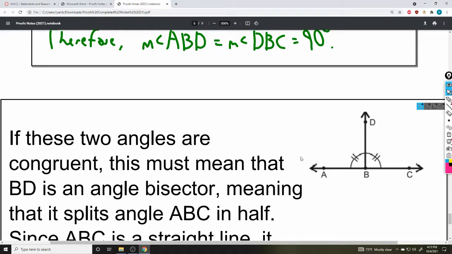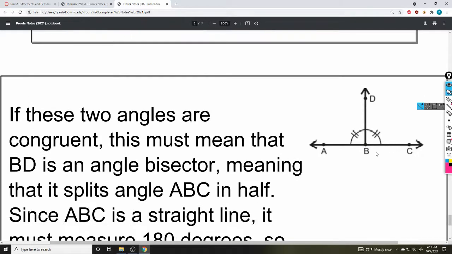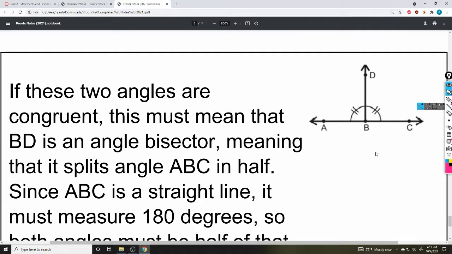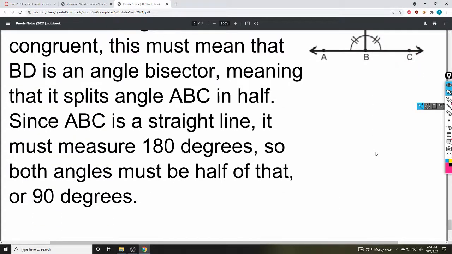So it was a bisector means that ABC was split in half. Since ABC is a straight line, we know its measurement. We know that its measurement is 180 degrees. That means if we are splitting that 180 degrees in half, that leaves each of them to be 90. And we have our measurement.